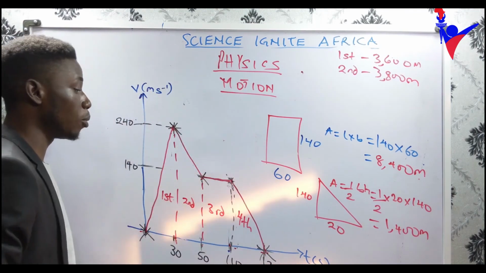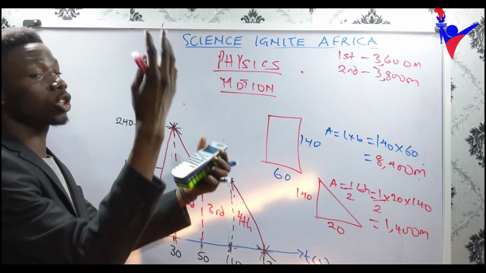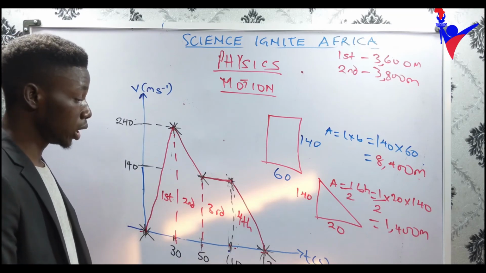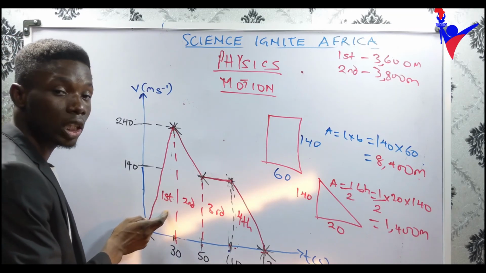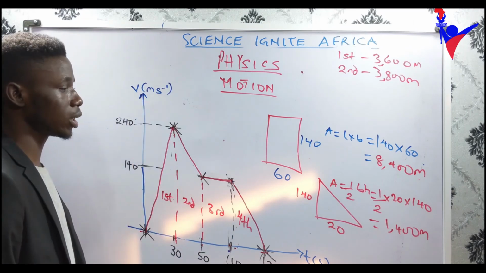If the entire motion comprised 4 stages, and you're looking for the total distance covered throughout the journey, all you have to do is add the first stage, the second stage, the third stage, and the fourth stage. That will give you the total distance covered.